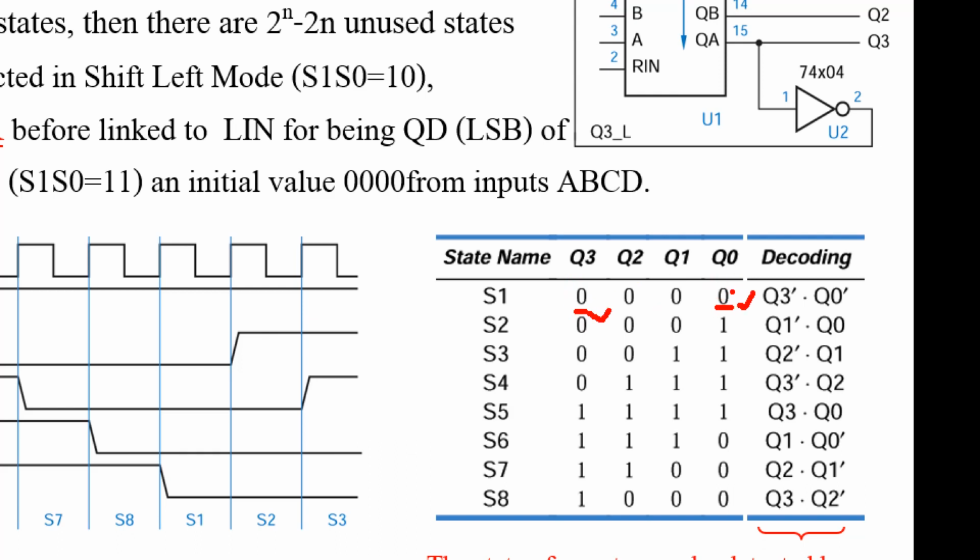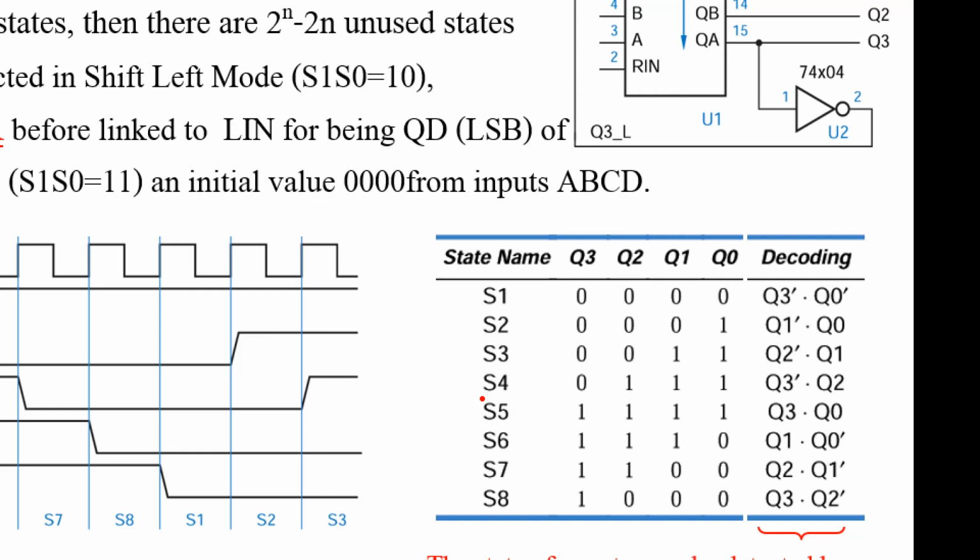If it's 0, 0, that means this internal bit should be 0 also. Or if this MSB pair is 1, 1, that means this internal bit must be 1, 1 also. Okay, this is for decoding, to detect whether the machine is in this state or not.